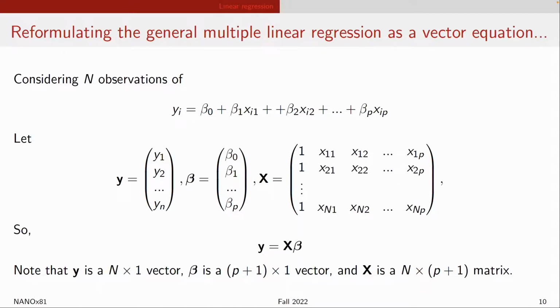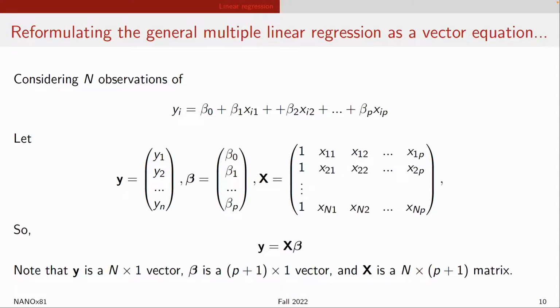Instead, I'm going to write my n observations of y as a column vector, so y1, y2, y3, all the way to yn. I'm going to write my coefficients as a beta vector, and I'm going to write my observations x as this matrix, okay?